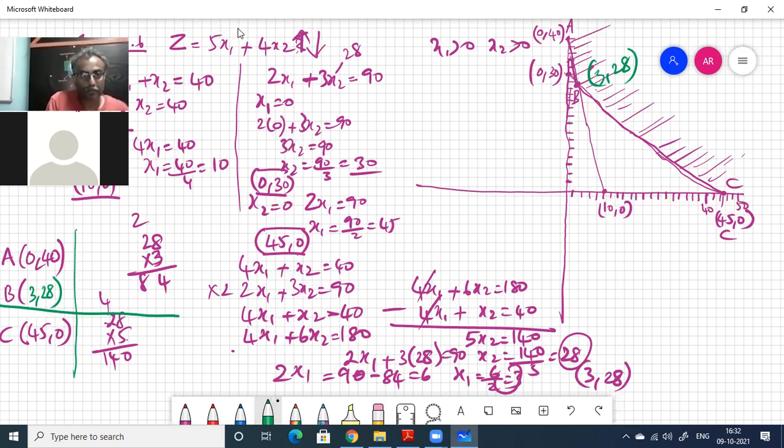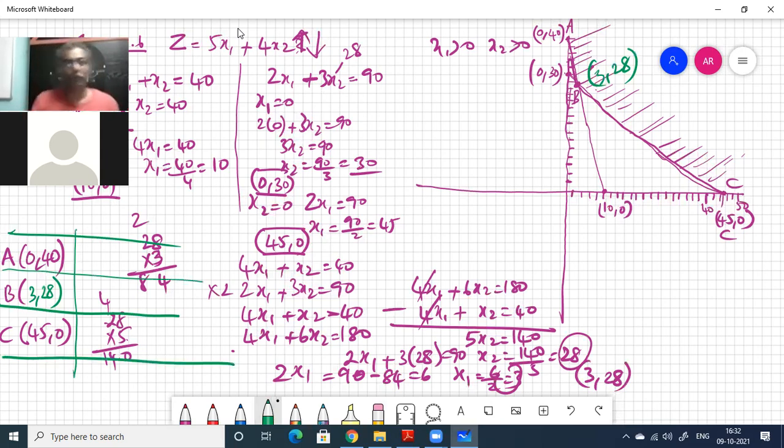So now you have to find out which of these three is the smallest. Let us erase off these things.